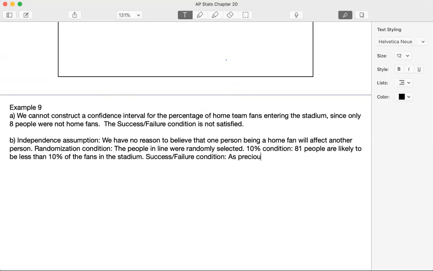As previously mentioned, this condition is not met since there are at least 10 non-home fans in the sample.